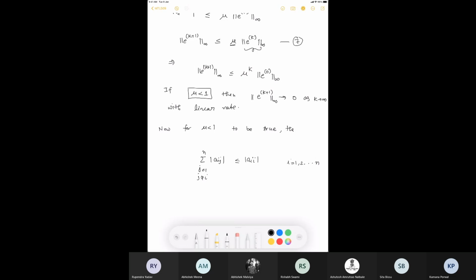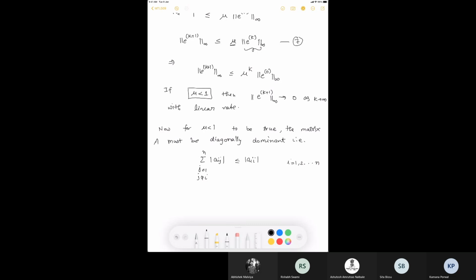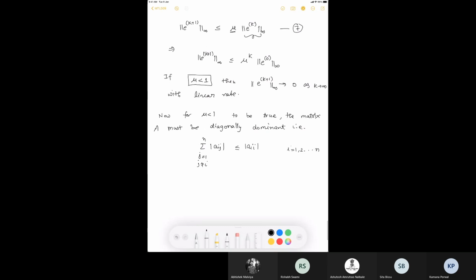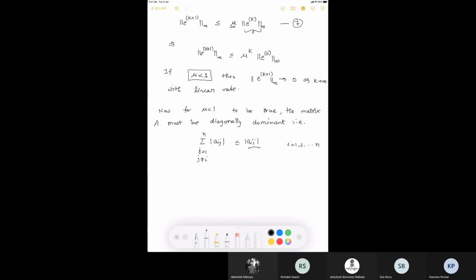So for mu less than 1 to be true, the matrix A has to be diagonally dominant. And what is the meaning of diagonally dominant is this: you can see that the diagonal elements, the a_ii, are dominating the rest of the sums.